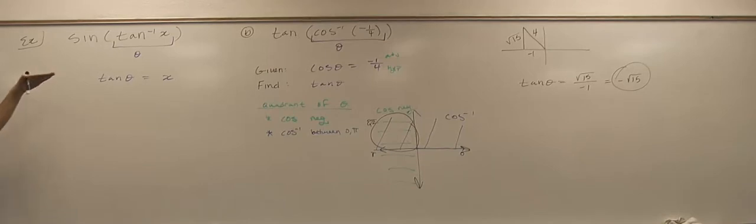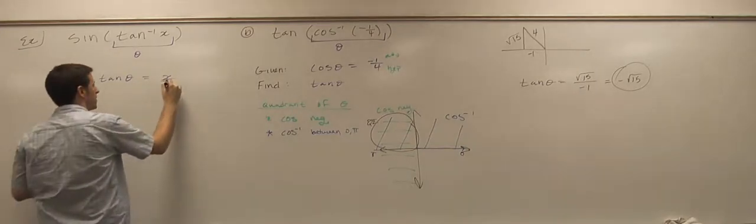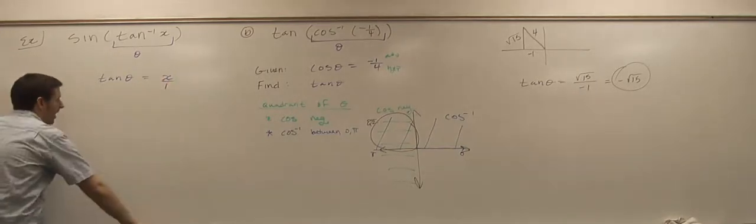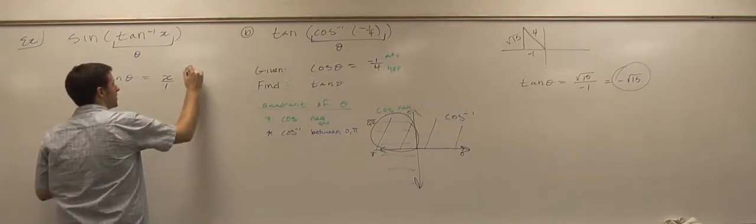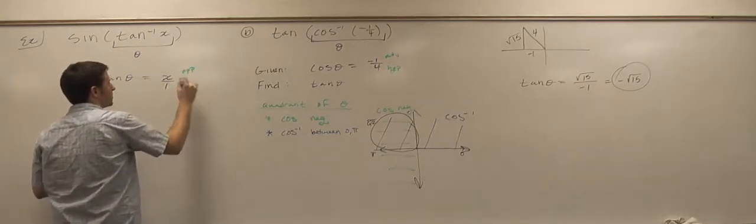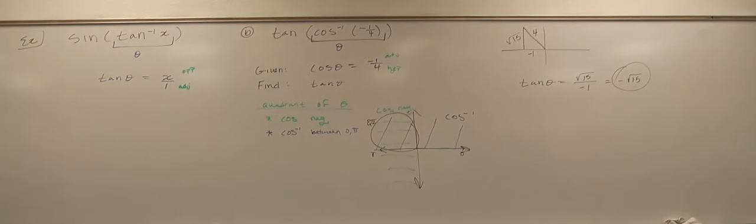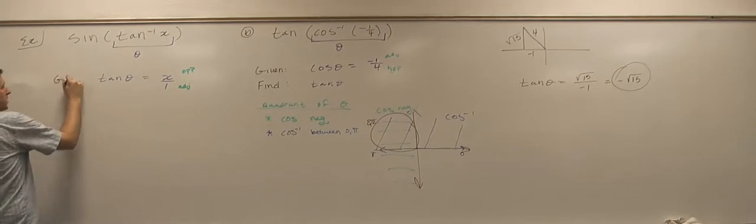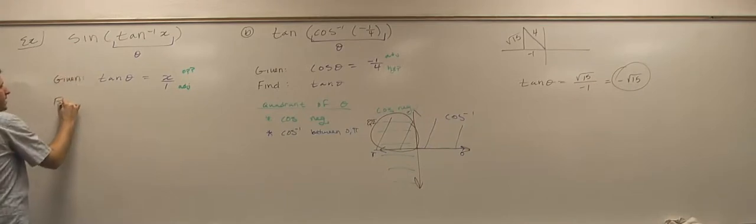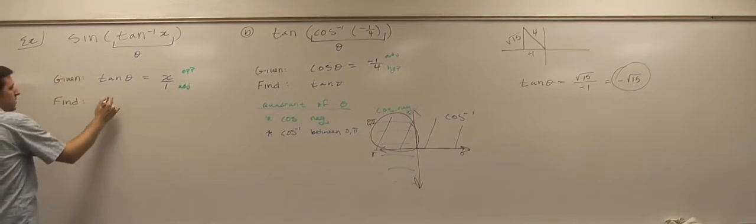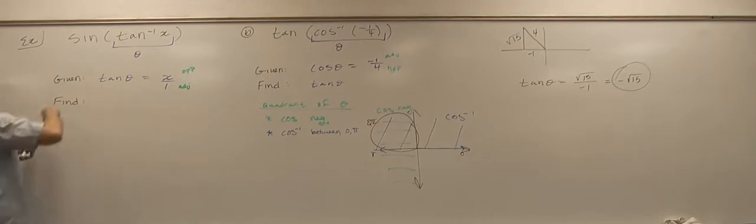We like fractions so we can say opposite over adjacent. Put it over 1. And then I have an opposite and an adjacent. So given this, I want to find sine theta, since sine is on the outside.